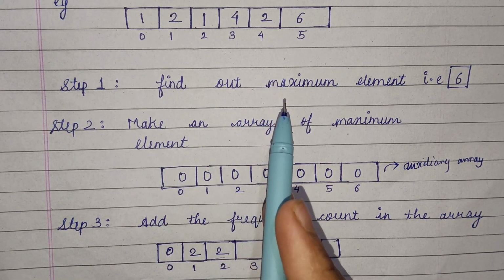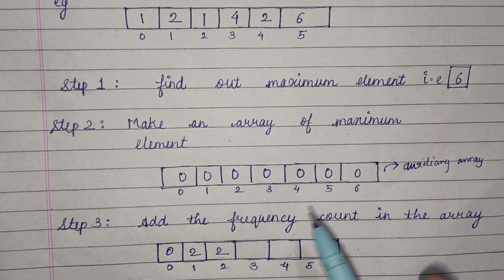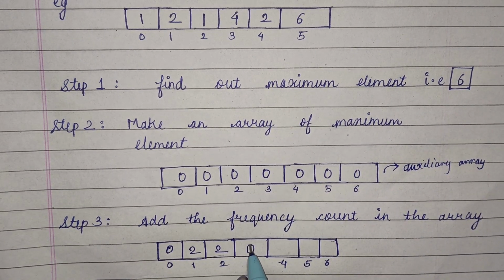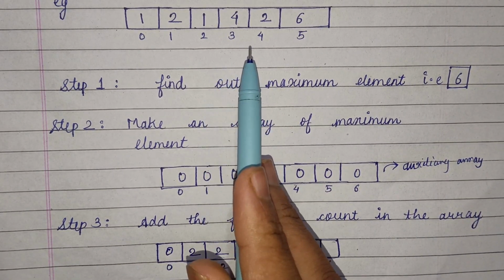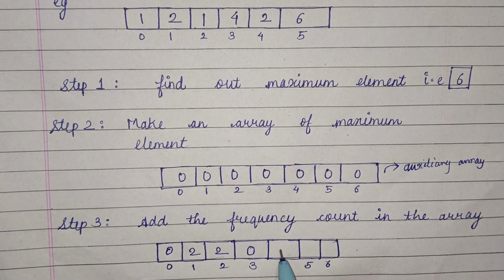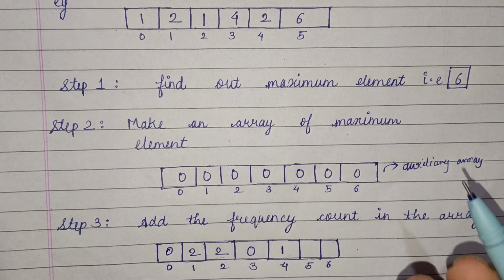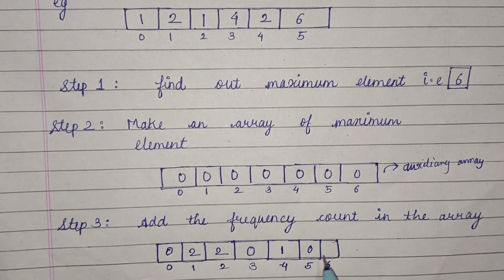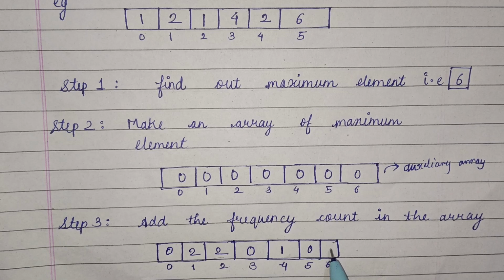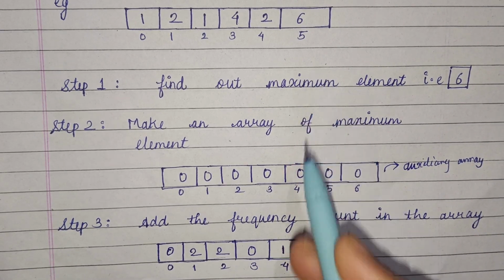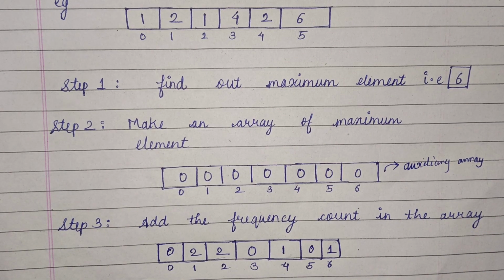And 3 is not present in the array, so we will take a 0. Then 4 has occurred 1 time, and 5 is not present in the array, so we will take a 0. Then 6 has occurred 1 time. However many times the element occurred in the array, we have taken the count of it.